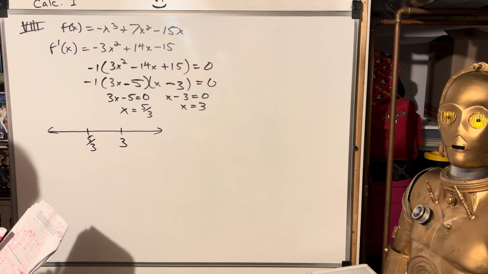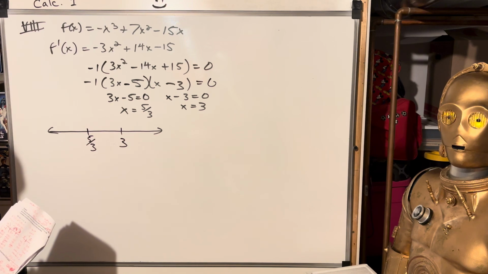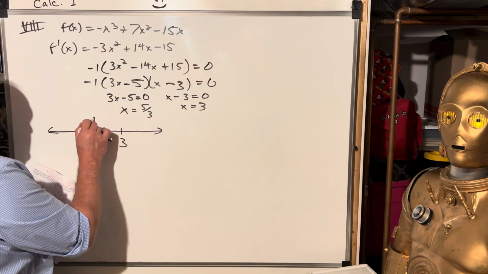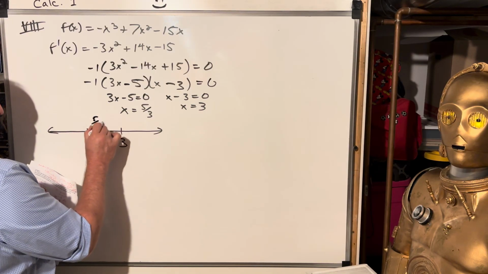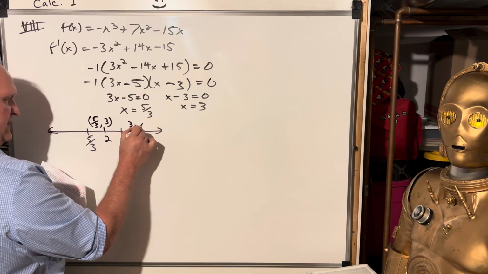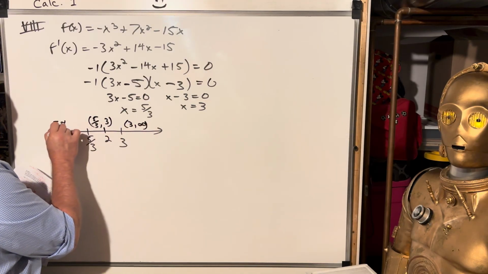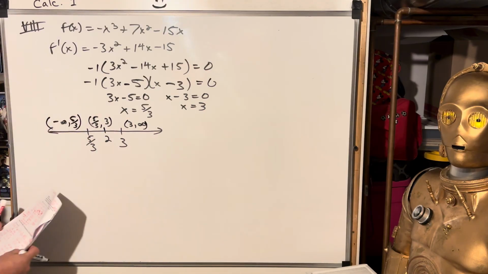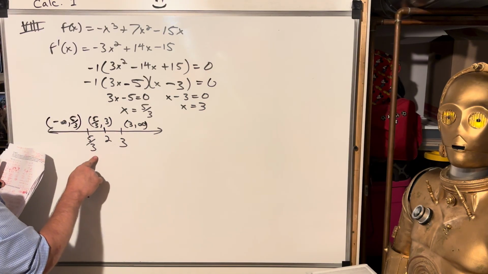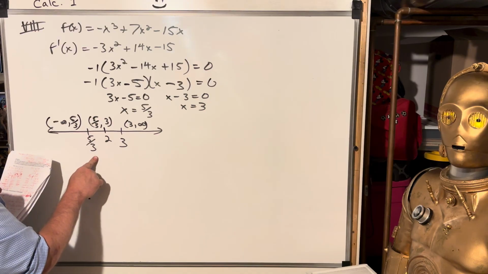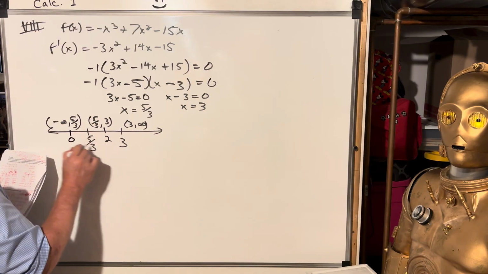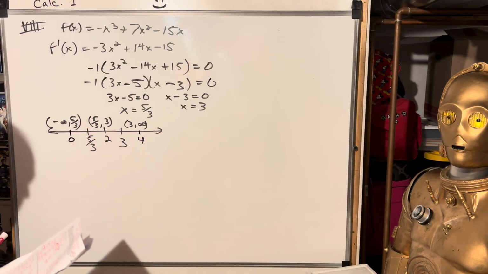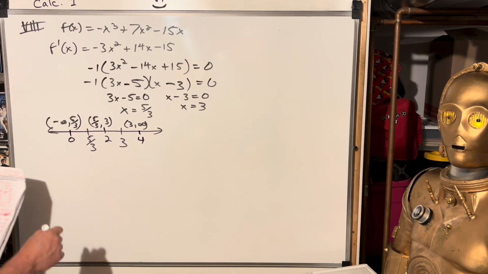Number in between there is, how about 2? And again, this breaks it into 3 intervals. 5/3 to 3, 3 to infinity, and negative infinity to 5/3. Anything less than 5/3, how about 0? Anything bigger than 3, how about 4? And so let's find all of these.